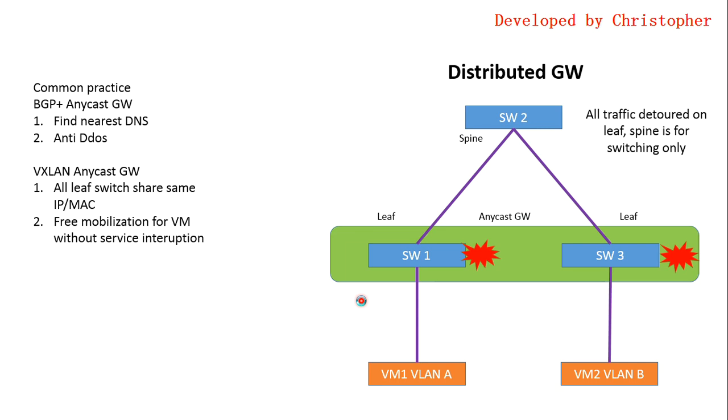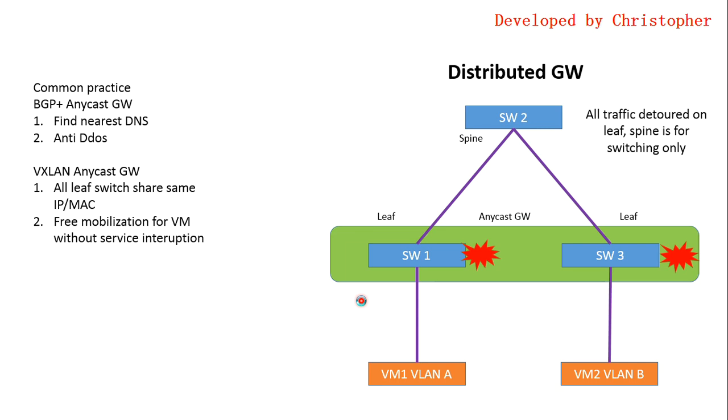In other words, if loads of people make the same request, because all of the DNS servers share the same IP and MAC address, the burden will be shared among them. So this has some benefit for anti-DDoS, because in a DDoS story, all of the small traffic is aggregated into big traffic, and the big traffic cracks down a certain server or machine.